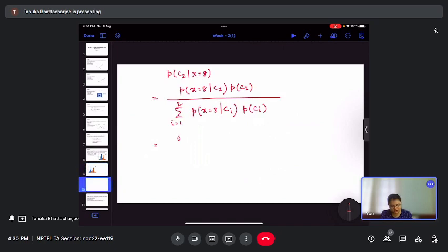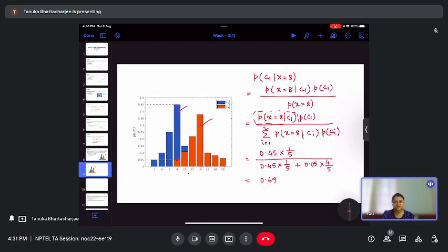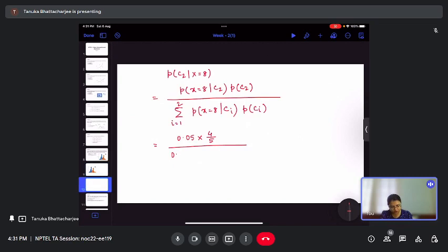The prior probability of C2 is 4 by 5, divided by the denominator, which is exactly the same as before: 0.45 into 1 by 5 plus 0.05 into 4 by 5. This corresponds to approximately 0.31.